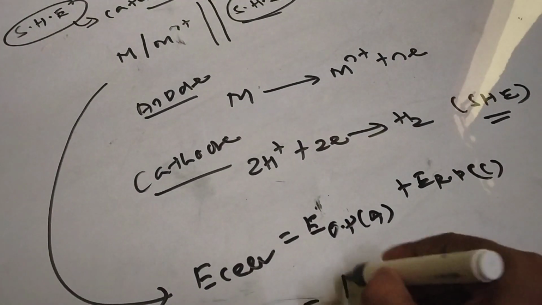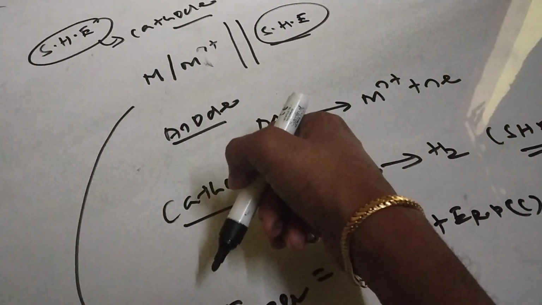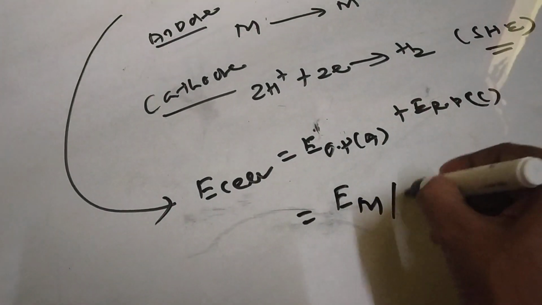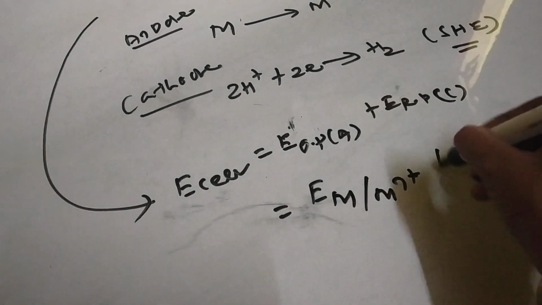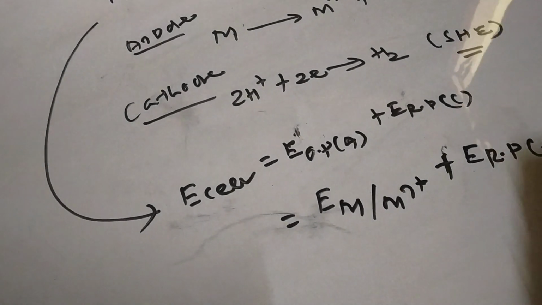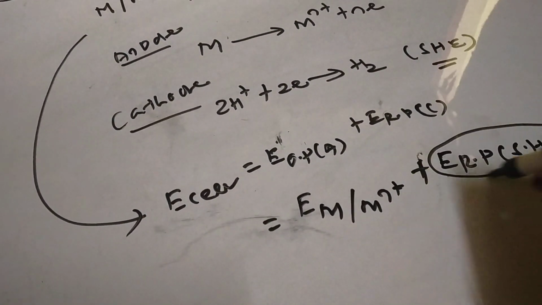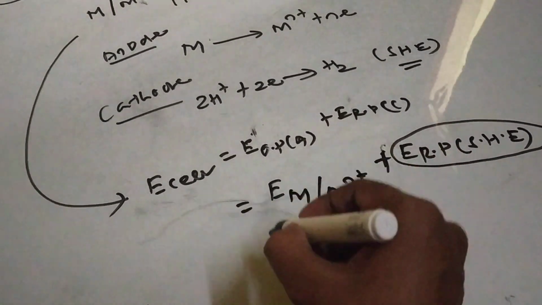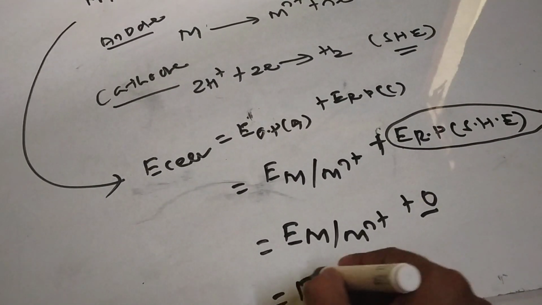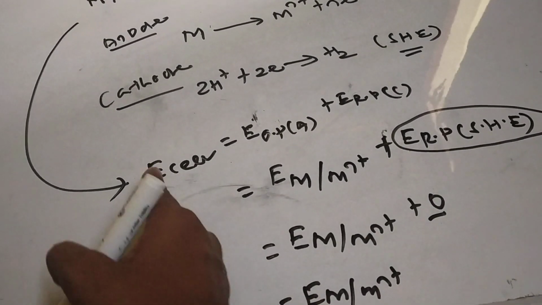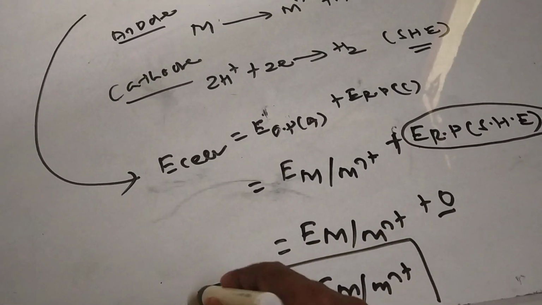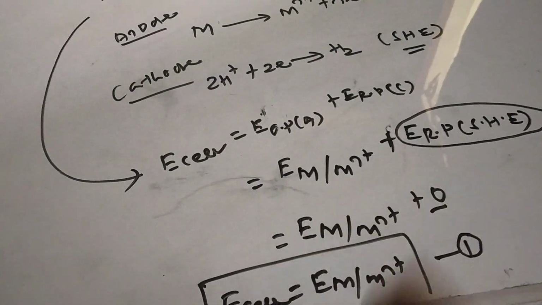At the anode the reaction going on is M converted to Mn+, so I can write E of M to Mn+, plus the E reduction potential of the cathode, that is the reduction potential of the standard hydrogen electrode, and this value is 0. So E cell is equal to E of M to Mn+. Let's say this is equation number 1.